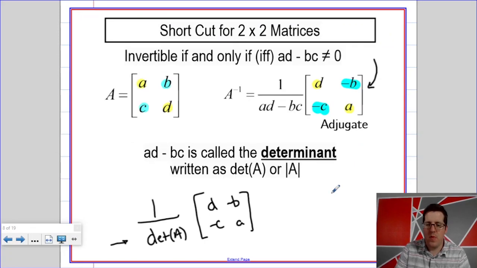adjugate. Now, in case you didn't write it down, here's the formula for the adjugate. The way that you find it is you switch the position of A and D, so the first and fourth elements, and you switch the signs of B and C, so change them from negative to positive or positive to negative.